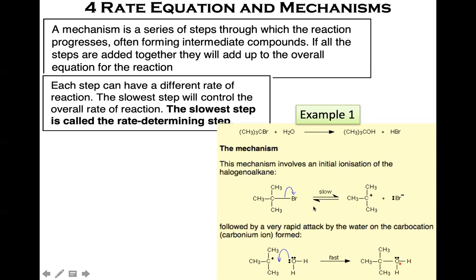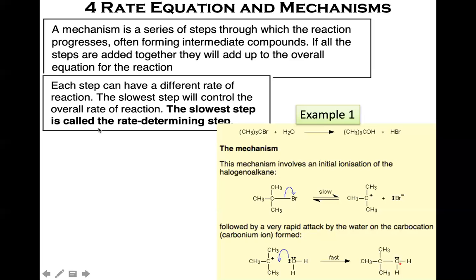There is a connection between this slow step and your rate equation, which I will talk about on Monday. Sometimes the slow step can be the first step, sometimes the second step, sometimes the third or the last step. So there is no definite pattern. How do you know that? We can only know it from the rate equation.